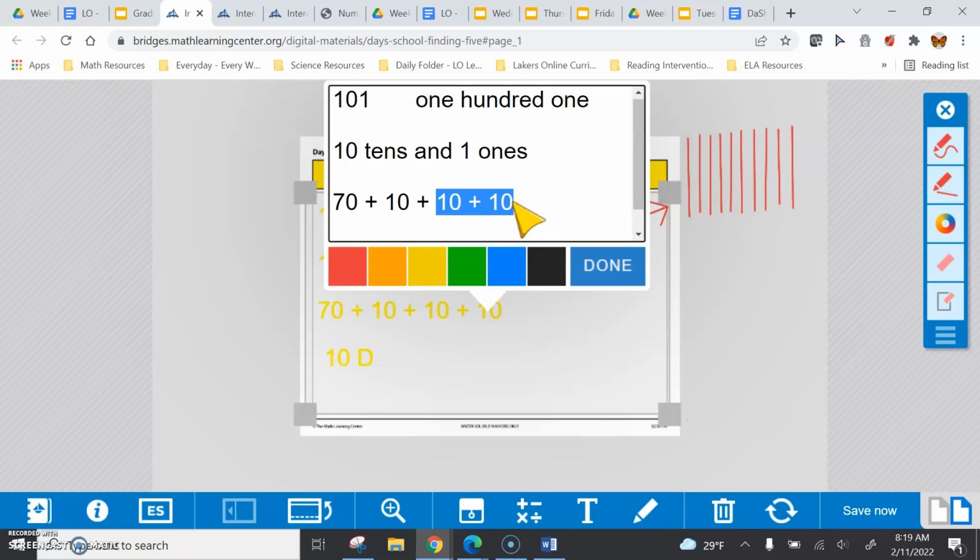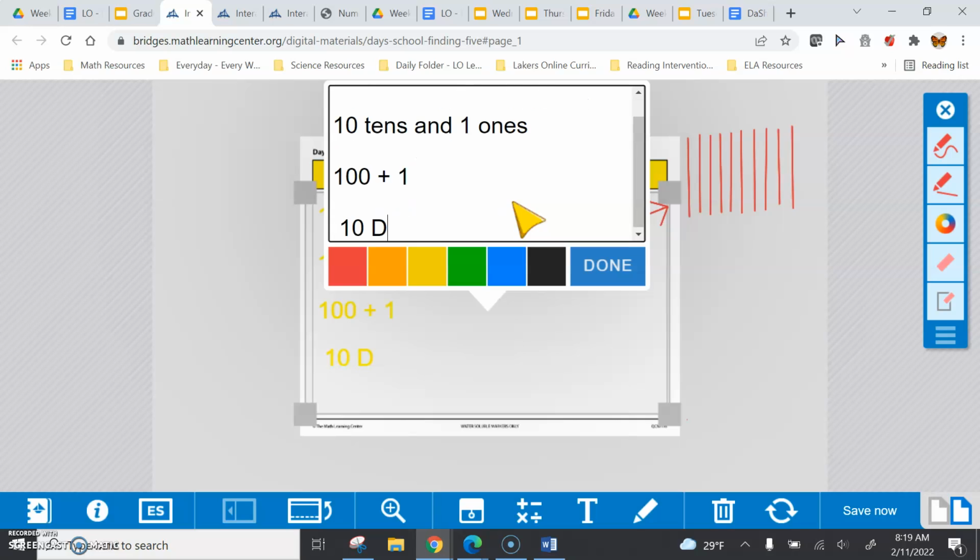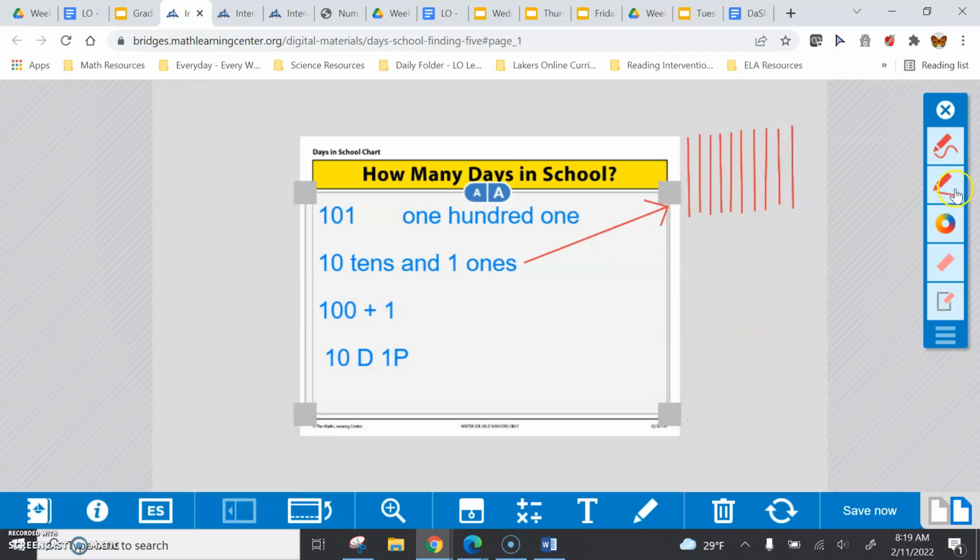Here's what we're going to do. Now we're going to change this. We're going to make it 100 plus 1. And then we're going to have 10 dimes, which is equal to 100, plus 1 penny. 10 dimes plus 1 penny would equal 101. But that means we have to also draw 1 cube to make that 101.